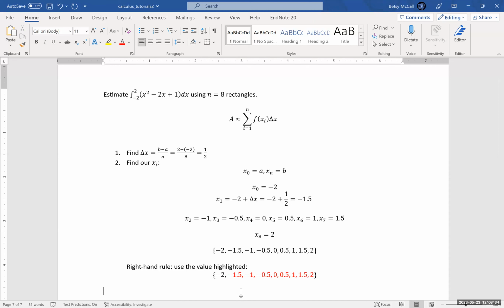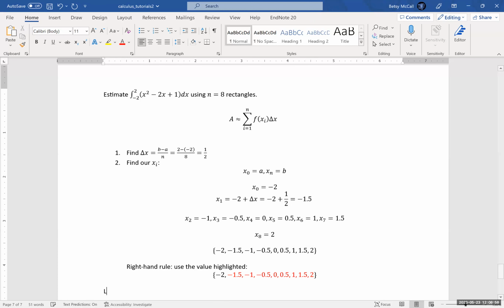And then we're going to start with the right side of the first rectangle, which is bounded by these two values. And we're going to choose the rightmost one. And then the next rectangle is bounded by these two values on our graph. And we're going to choose the rightmost one, and so on and so forth. So we're going to use all of these values except the first one when we evaluate our function.